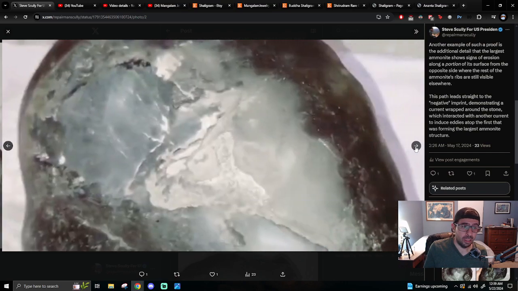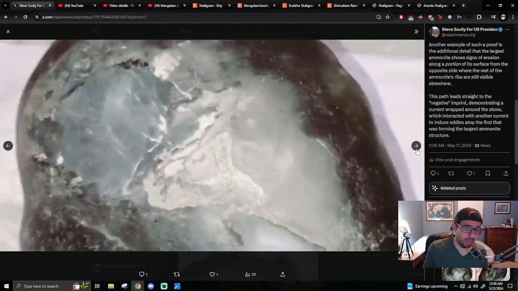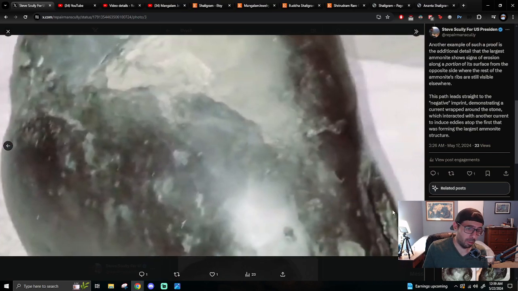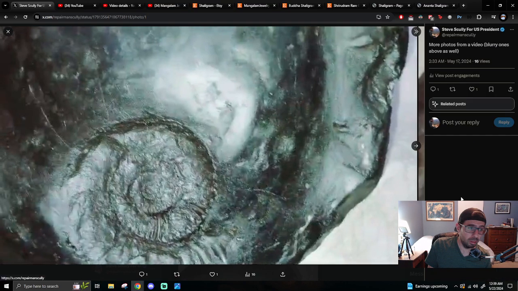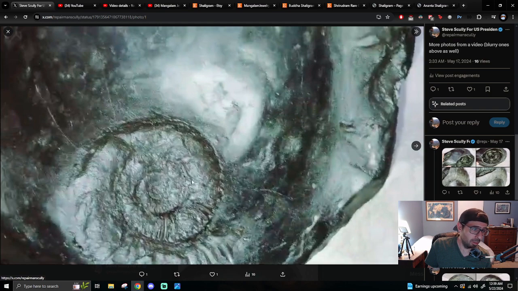So if we just follow that current path, what do we find but Mr. Ammonite on the top? This guy. So that current path leads straight here, where this ammonite is. So it's almost like the flow was going like.